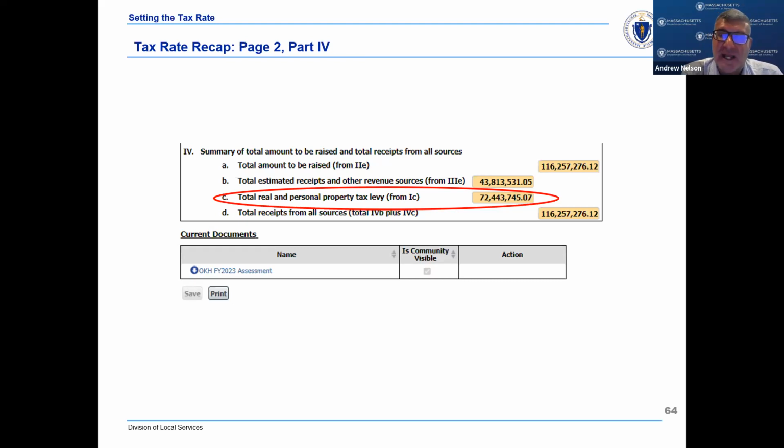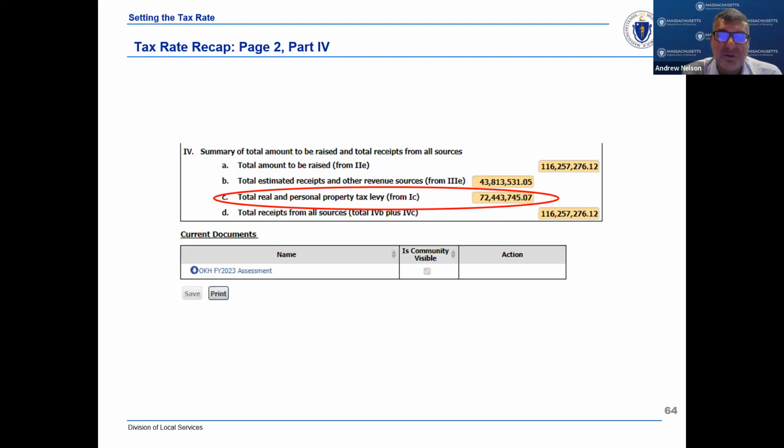So everything we need to raise is 116,257,276.12. Everything we have available to us is 43,813,531.05. That leaves a variance of 72,443,745.07. That's what we need to levy. That's what our property taxes are going to be.